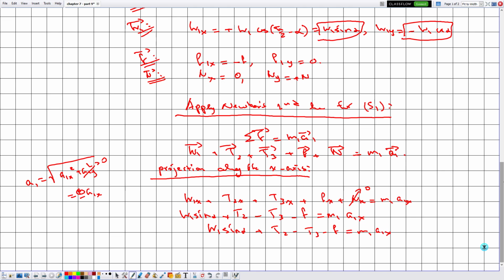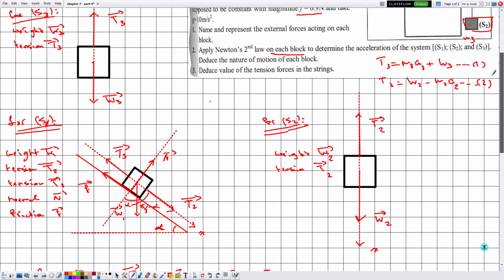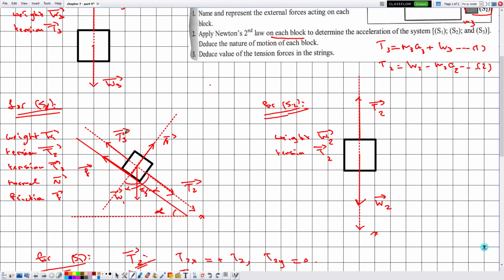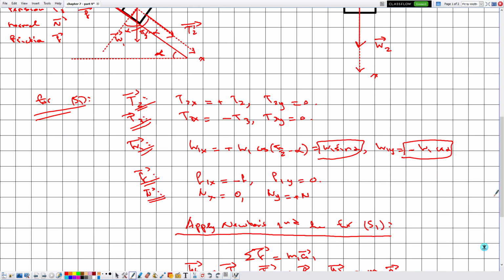And here let me also say that this is T prime, this is T prime. They are different tensions, but they are equal. Later we will specify that it's due to an inextensible string.